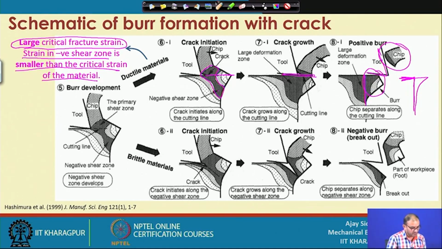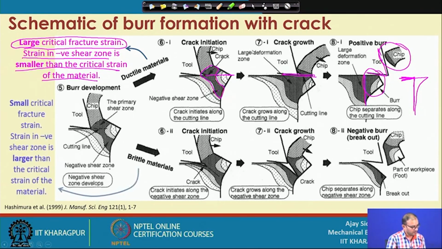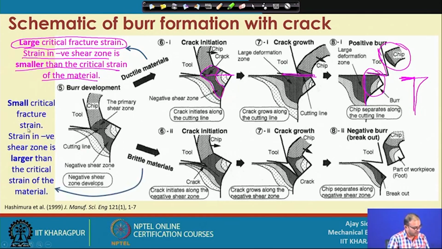What is happening in the brittle material? The brittle material situation is completely different, exactly opposite. Here the critical fracture strain is small, because it was large in the ductile case; brittle material will fracture more quickly, and the strain in the negative shear zone is larger than the critical strain of the material. Now, how are these things different?